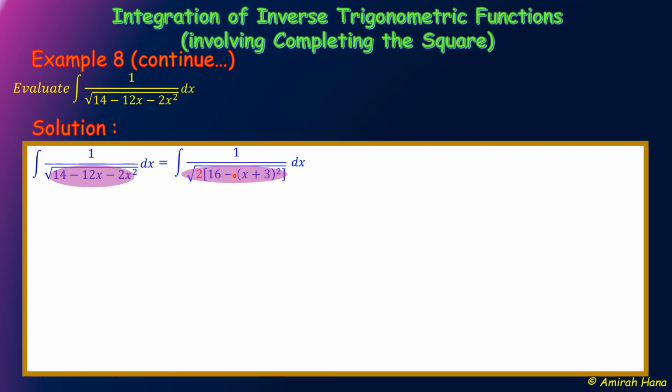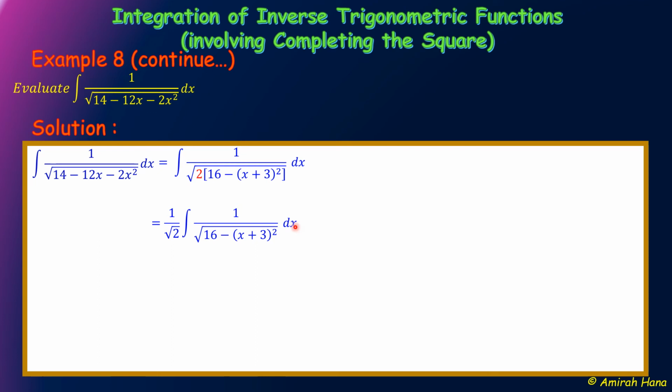After that, we can move out the constant root 2 in the denominator, outside the integration sign. So we get 1 over root 2, and then integration of 1 over, we still have the square root symbol here, and then 16 minus x plus 3 bracket squared dx.